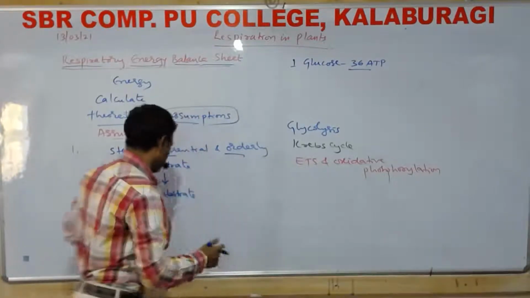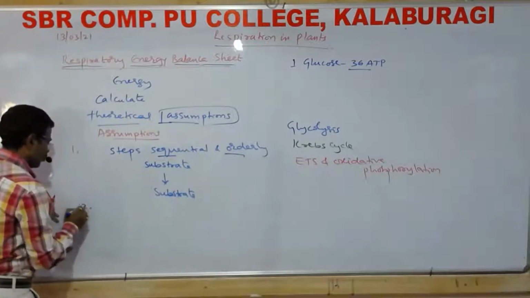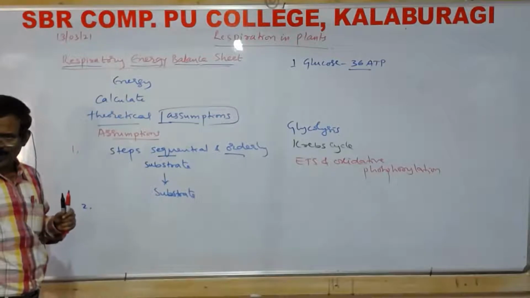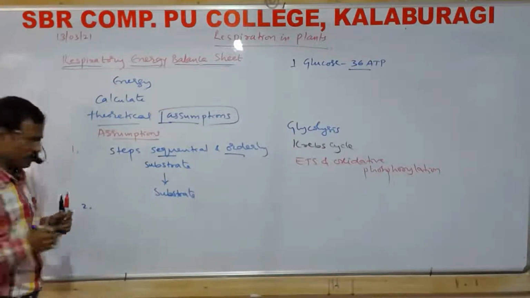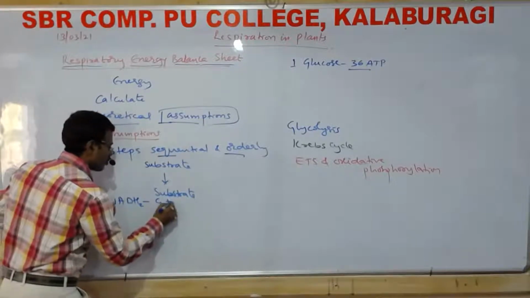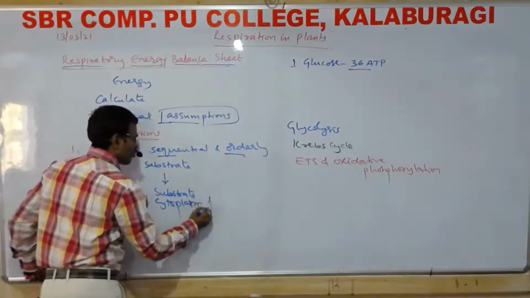This is one assumption. Then the second assumption says NADH2 is produced in the cytoplasm during glycolysis.